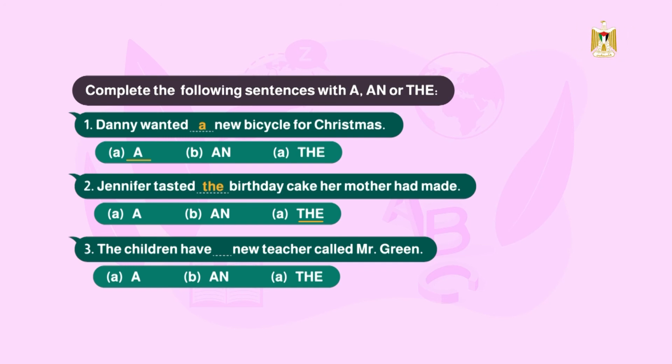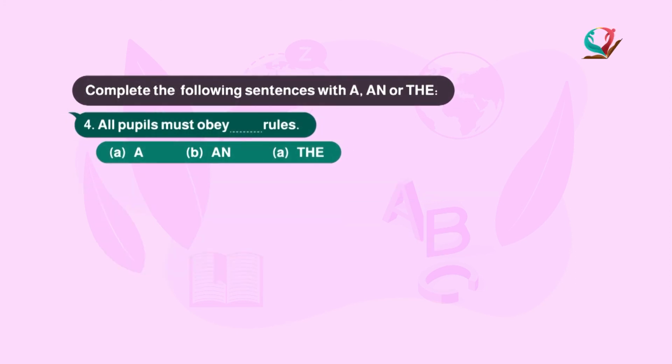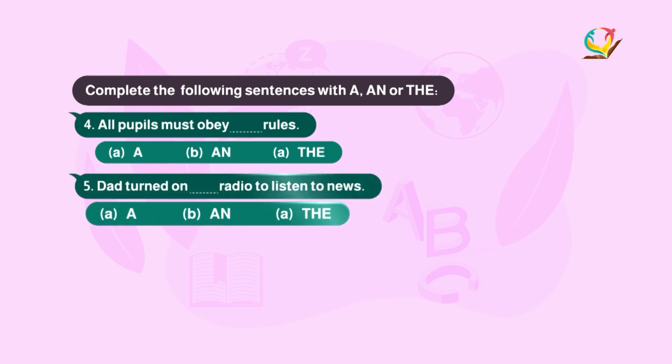What's the answer? That's right. The children have a new teacher called Mr. Green. Number 4. All pupils must obey blank rules. That's right. All pupils must obey the rules.